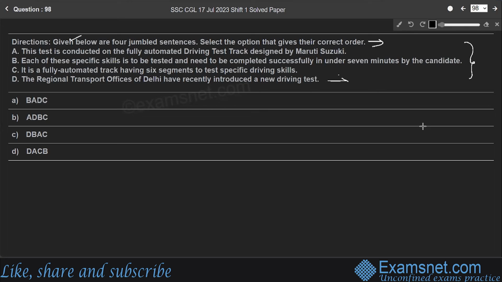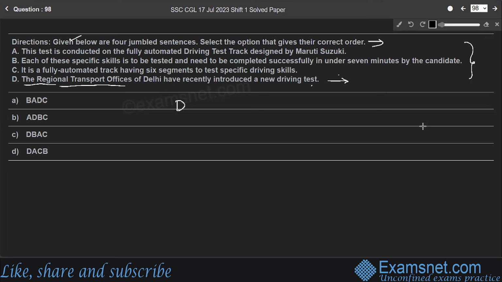Sentence D is independent, which is not linked with any other sentence before it, right? It explains the subject and gives a good start: the regional transport offices of Delhi have recently introduced a new driving test. So start with sentence D.